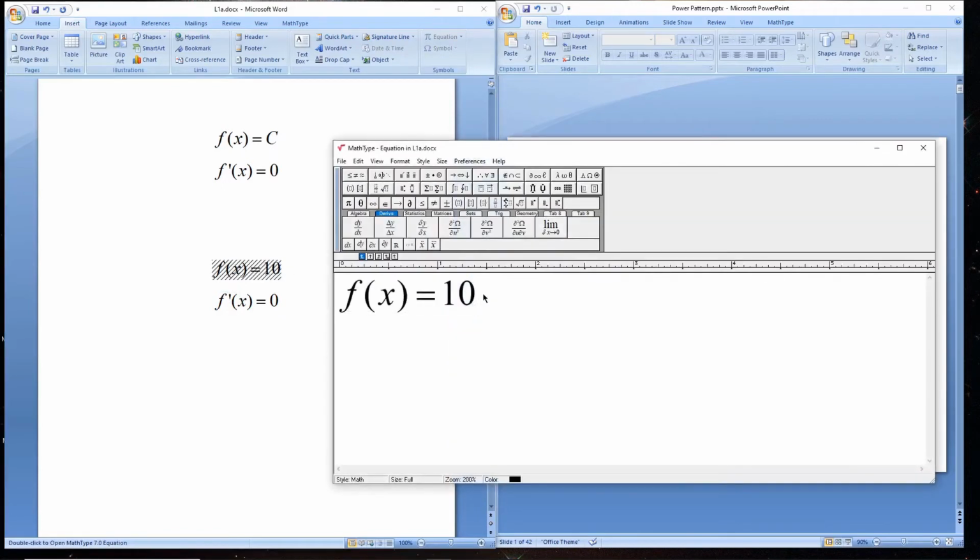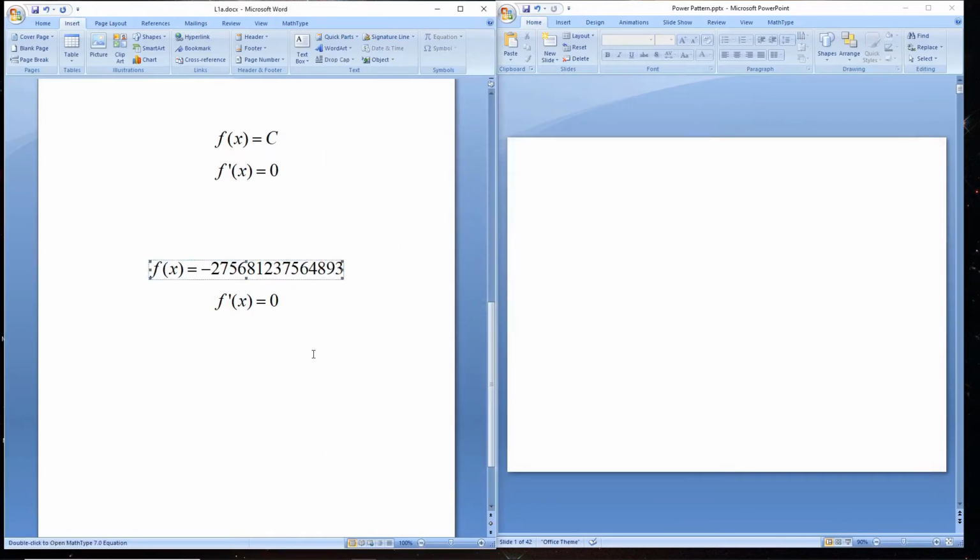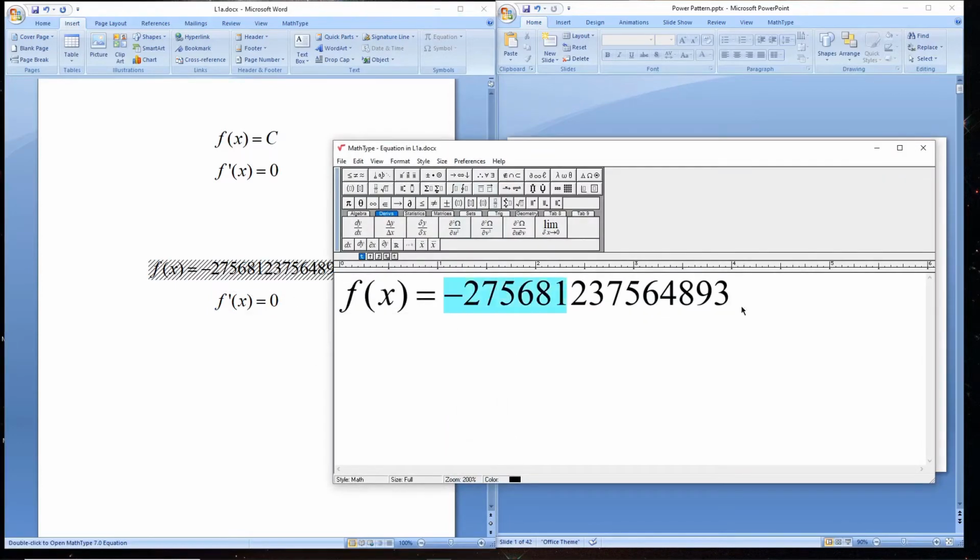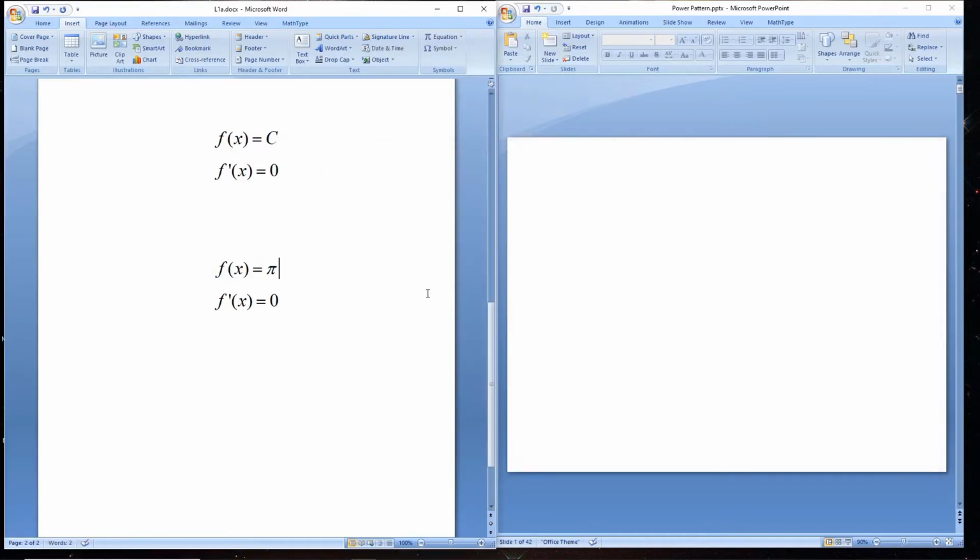What if I ask you, what's the derivative of minus this number? Well, the derivative of a constant is always 0. What if I ask you the derivative of pi? Pi is a number. Pi is a constant.